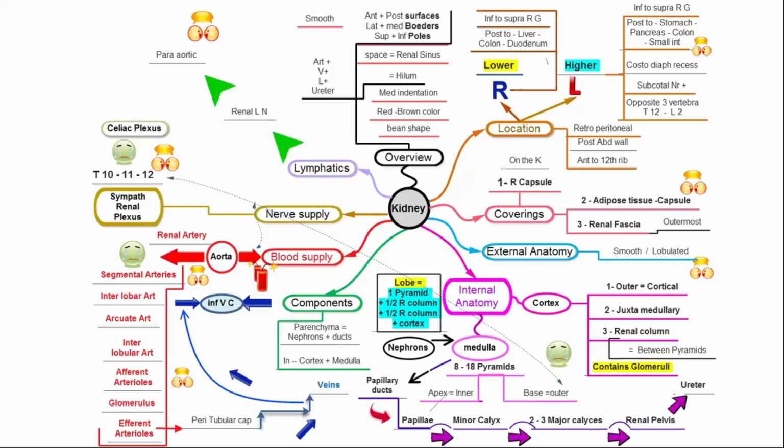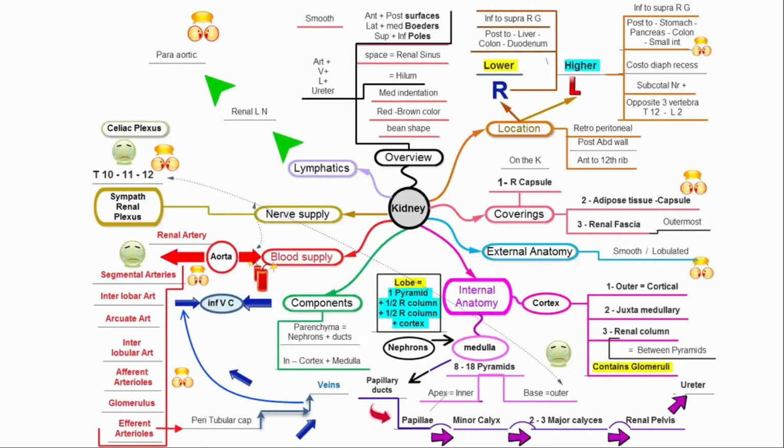For example, an overview. What is the shape of the kidney? It is bean shape. What is the color of the kidney? It is red-brown, and it has an upper pole, lower pole, and lateral surface and medial surface.